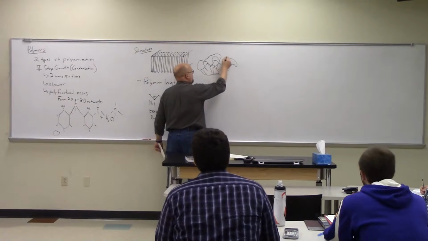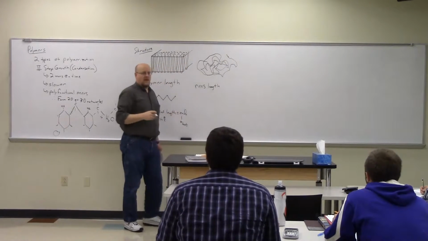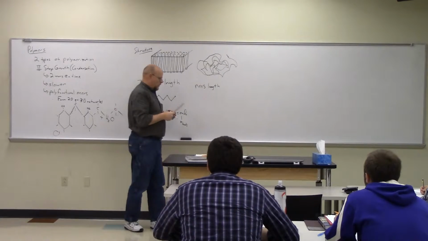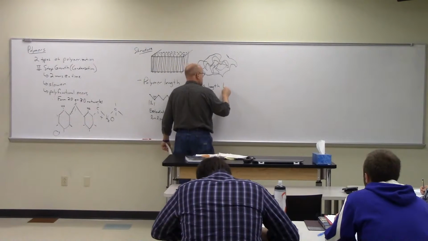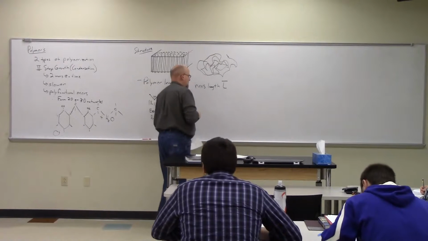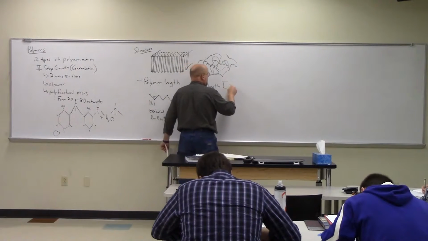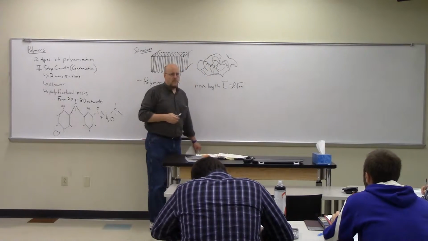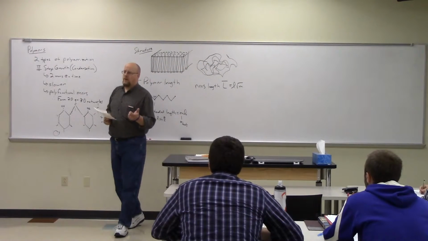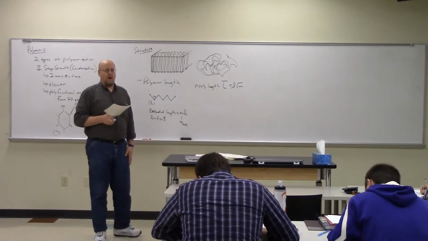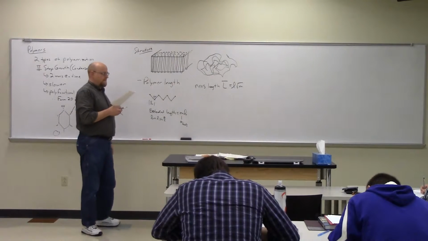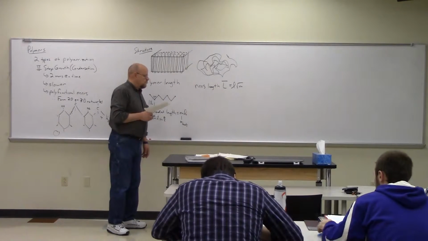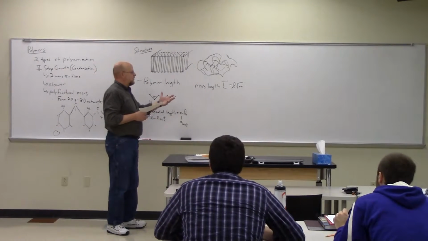The RMS length is the length from end to end when it's randomly oriented like that. And without going through a great deal of derivation, L bar is equal to L times the square root of m, L being the length of a single bond, m being the number of bonds present. So those are the two ways we can characterize the length.